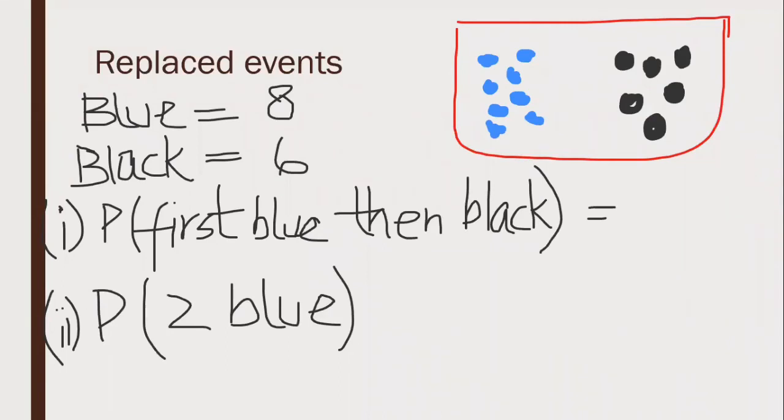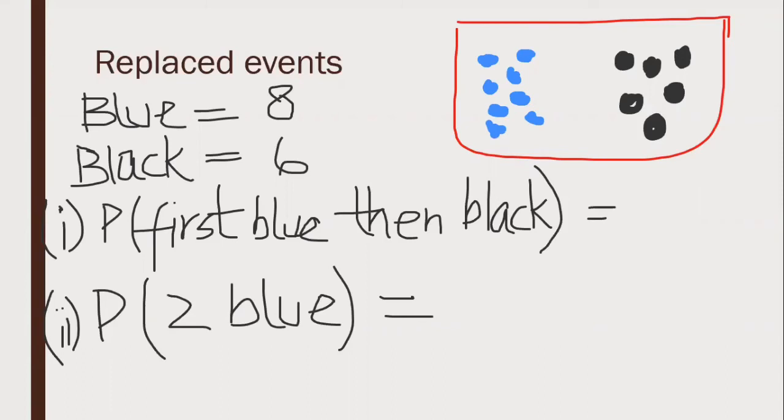Okay, so the last thing that we need to do over here is to study what replacement and not being replaced in the probability questions mean. So as you can see, just assume that we have a box over here in this red color and we have blue and black pebbles inside. So the blue pebbles are 8 and the black pebbles are 6.